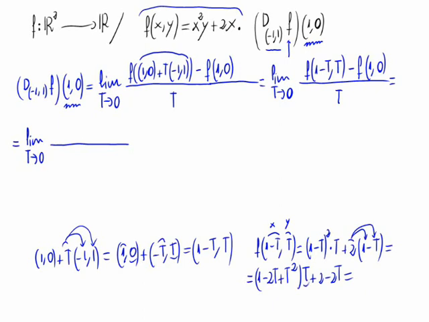This is equal to t minus 2t squared plus t cubed plus 2 minus 2t. This is equal to t cubed minus 2t squared minus t plus 2.